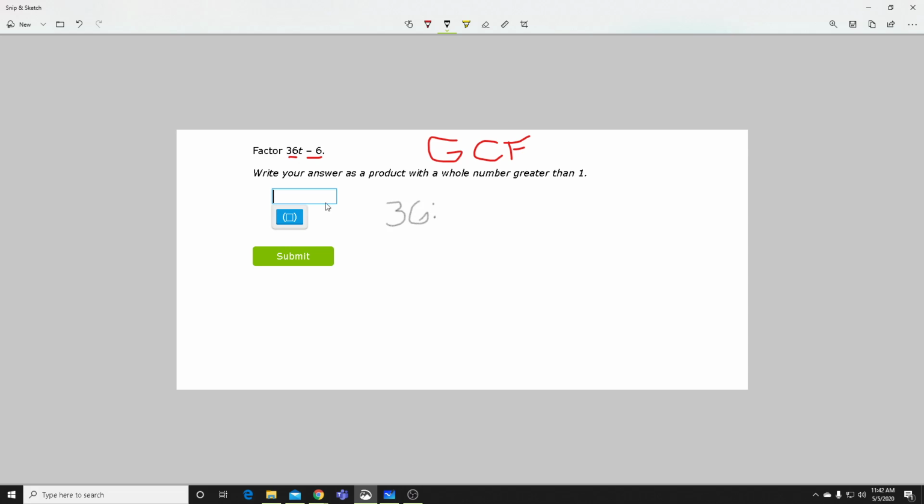Now this can get a little harder with bigger numbers. With bigger numbers, you would want to use something called prime factorization, but it's not really something I want to spend all my time on today. So we'll see what kind of numbers we see here. We know 1 times 36 would work. We know 2 times 18.